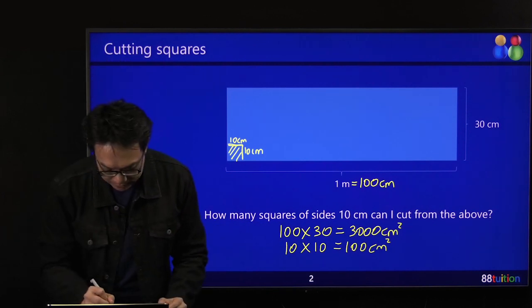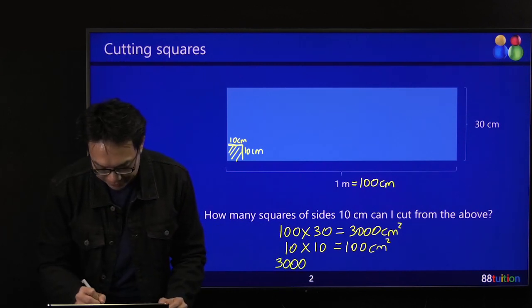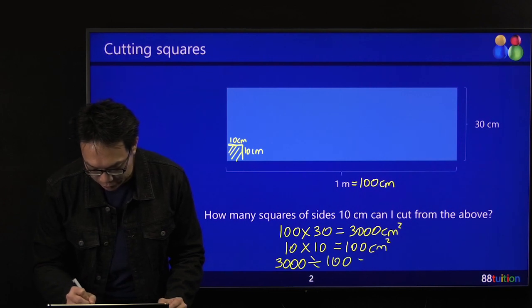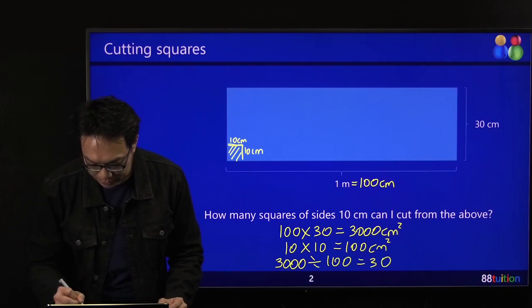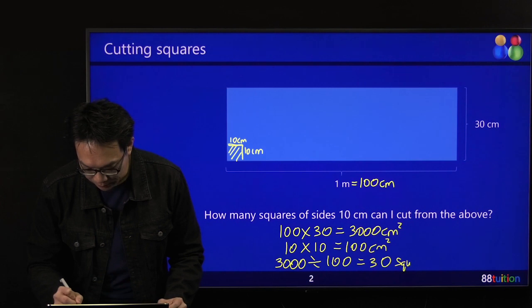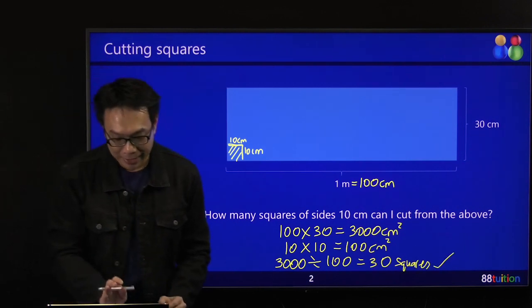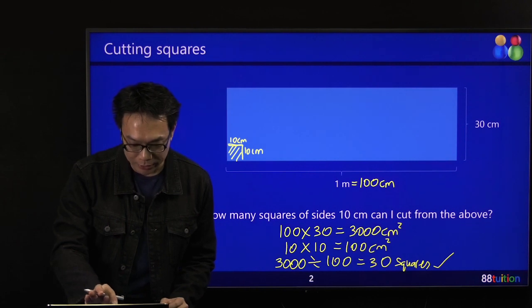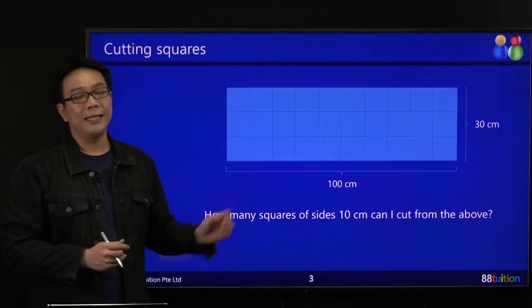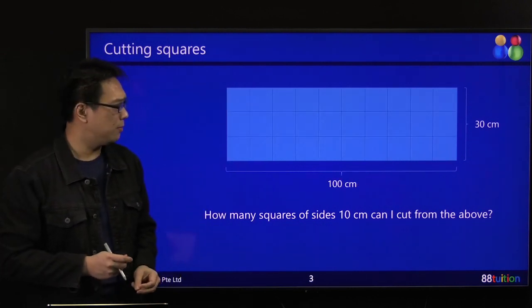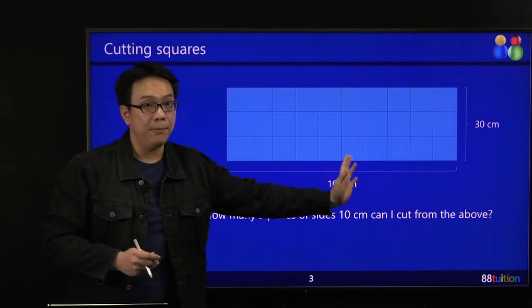Easy. The answer is 3,000 divided by 100, equal to 30. 30 squares. Answer. Easy. Another way of doing it is you can cut them up physically. So troublesome. 100 cm means what?